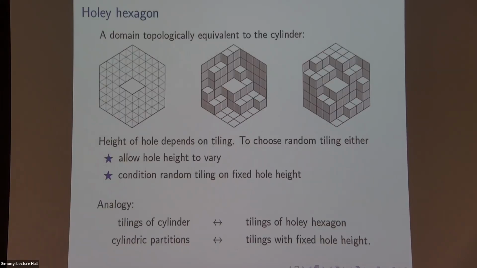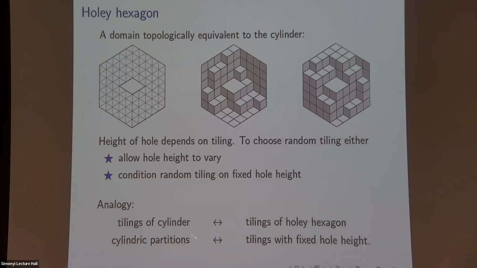Okay. So these two different models, one where we allow the height function to vary and another where we don't, are in natural connection with our Lozenge tilings on the cylinder. If we think about tilings of a cylinder, the whole set of tilings of the cylinder corresponds to all tilings of the domain with the hole.